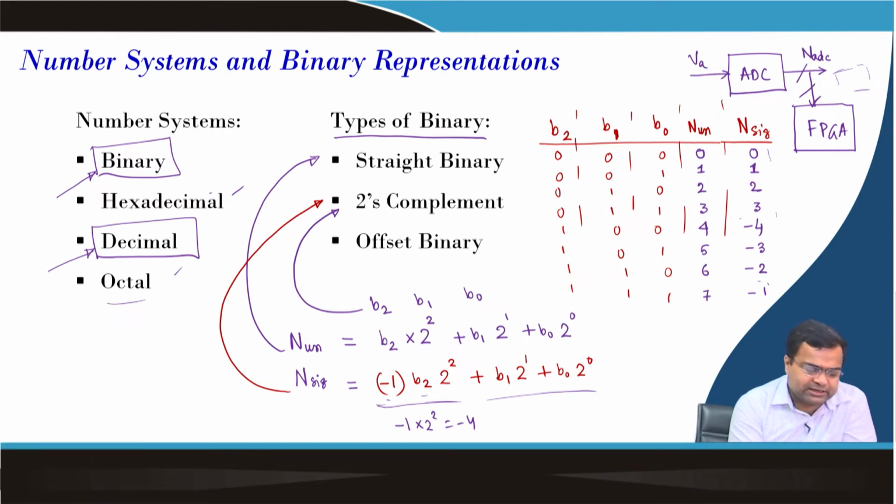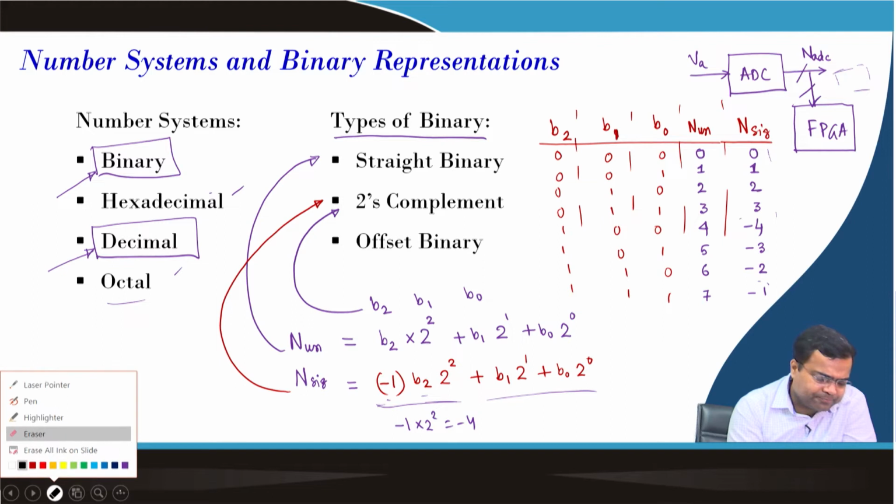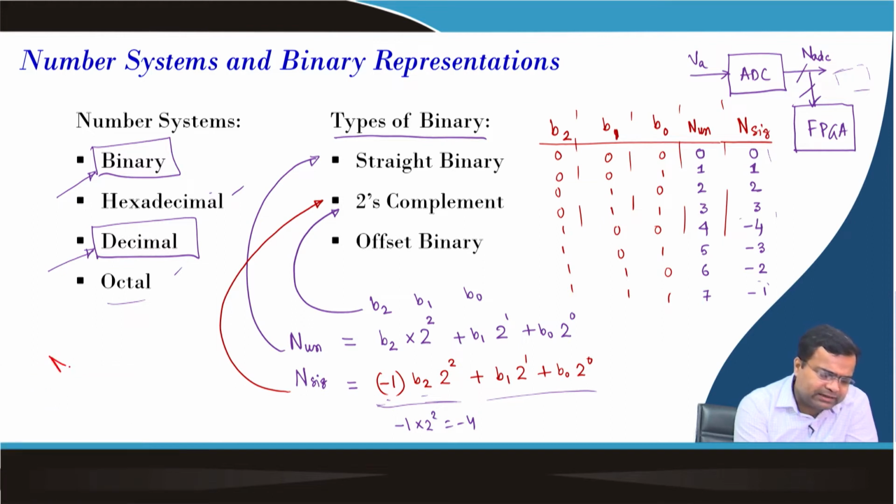Now, going to the offset binary. In this case it is a 3-bit number. So, this will be simply whatever is in 2s complement. The offset binary number, of 3 bits, will be equal to the 2s complement, that is the signed number, with the complement of the MSB.